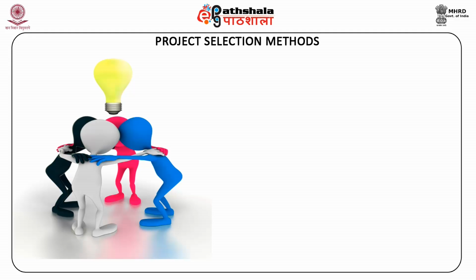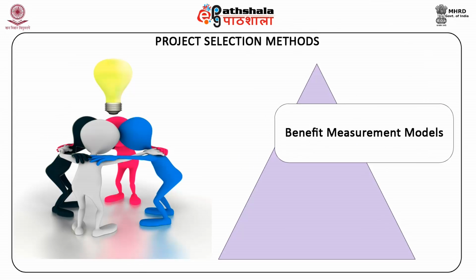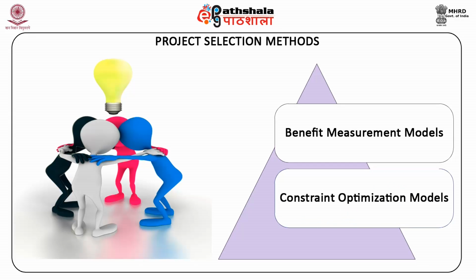Although one method is different from another in one form or the other, the underlying principle is the same. So, there is no question of which method is best. There are two types of models: benefit measurement models and constraint optimization models.